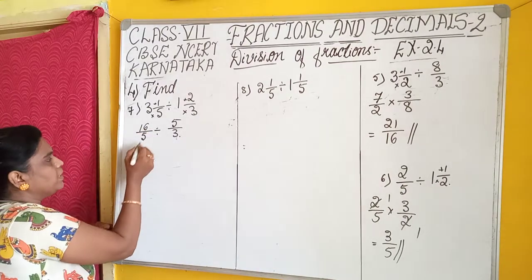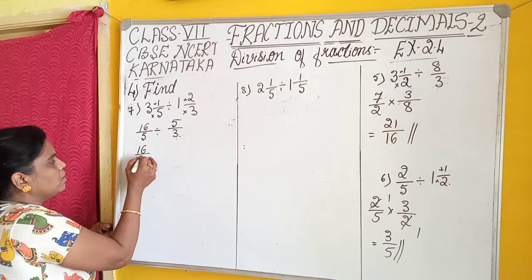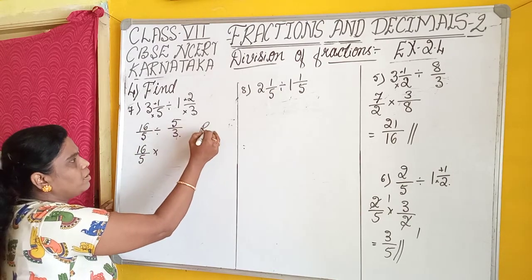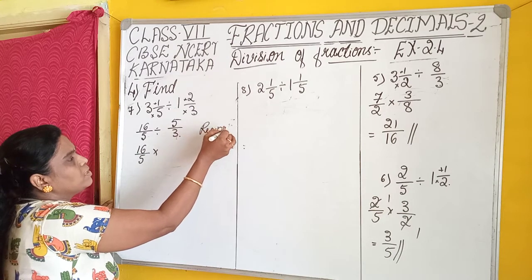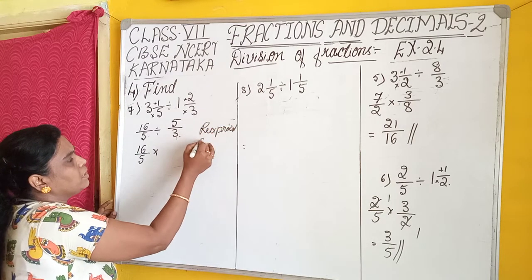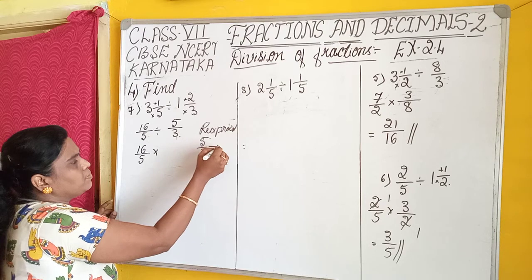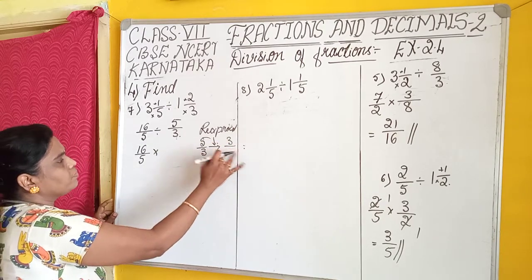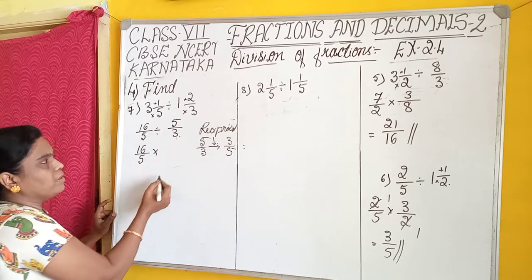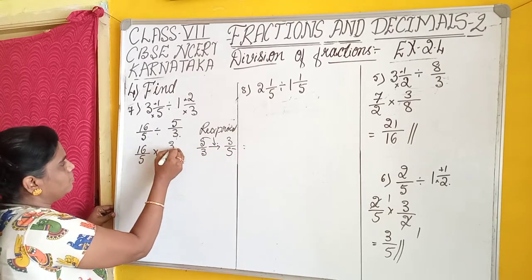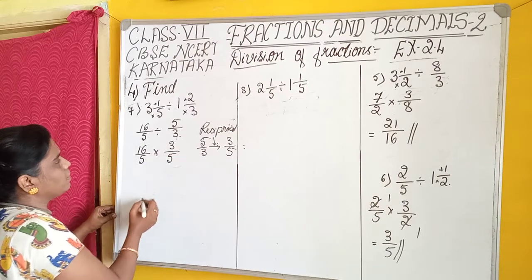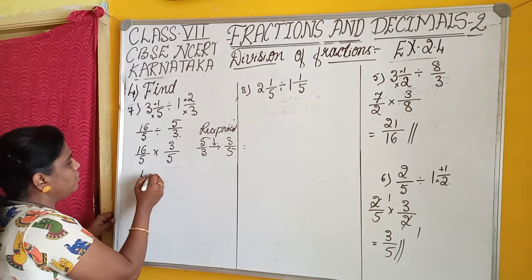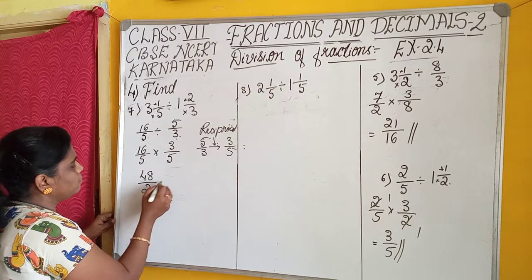We have to multiply this fraction into the reciprocal of 5 by 3. What is the reciprocal of 5 by 3? For 5 by 3 the reciprocal is 3 by 5. Okay students? Here the numerator will become the denominator and the denominator will become the numerator. 16 by 5 into 3 by 5 gives 48 by 25.